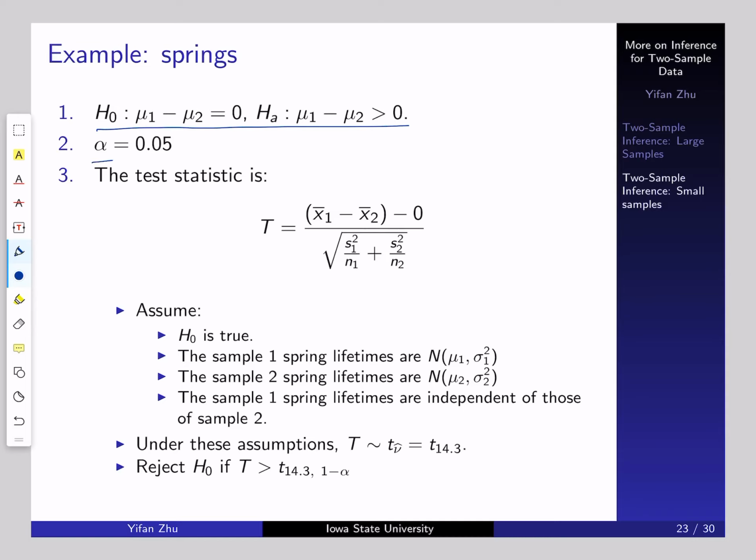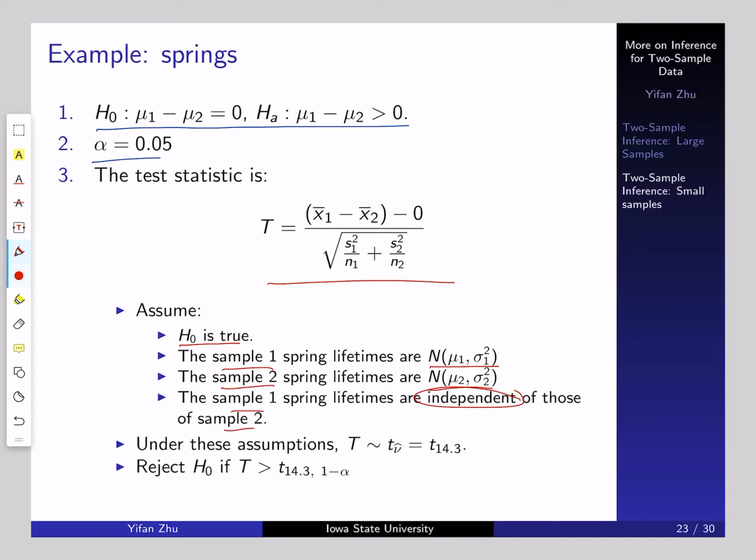We use the significance level alpha of 0.05, and this is the test statistic.